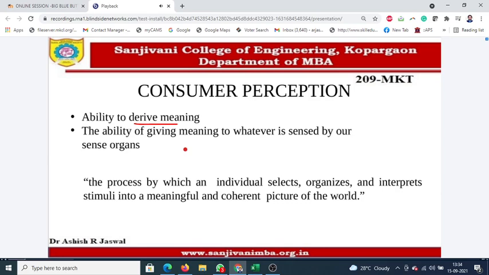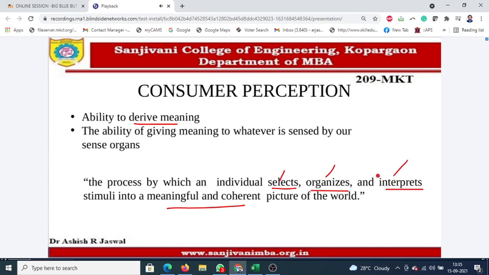The theoretical definition of consumer perception is a process wherein an individual selects the stimuli, organizes the stimuli, and interprets the stimuli into a meaningful and coherent picture of the world. This makes us understand that consumer perception is related to stimuli, and three things can happen with the stimuli you are exposed to: selection, organizing, and interpretation.